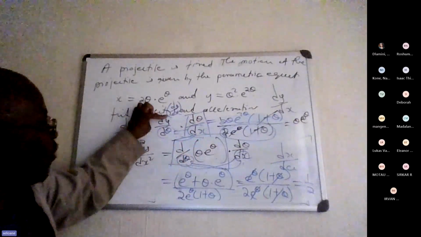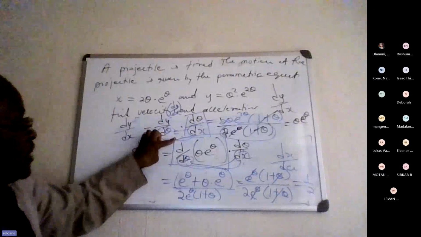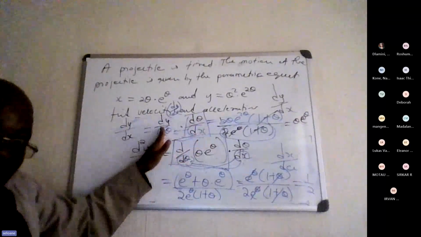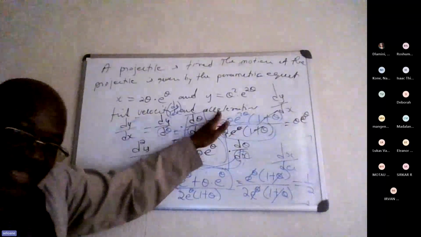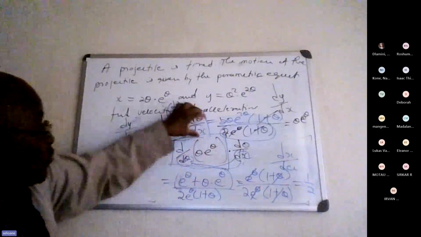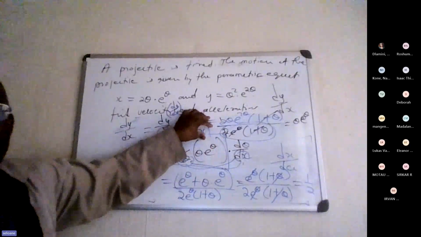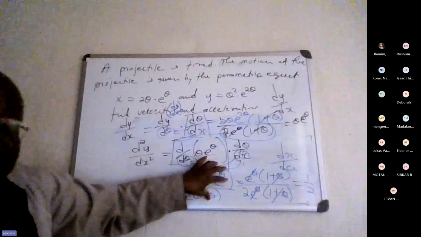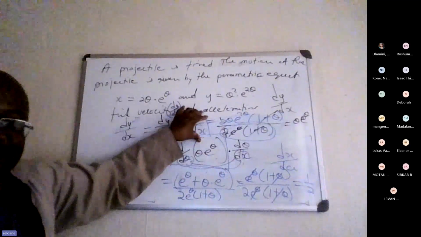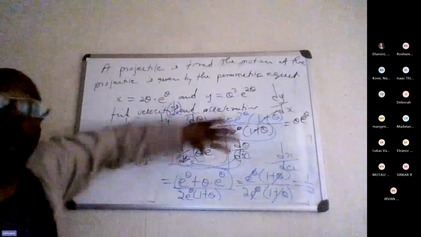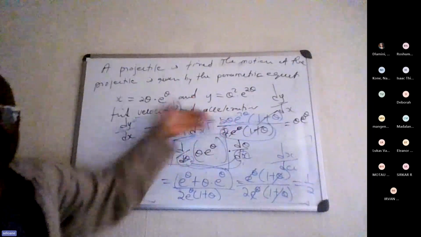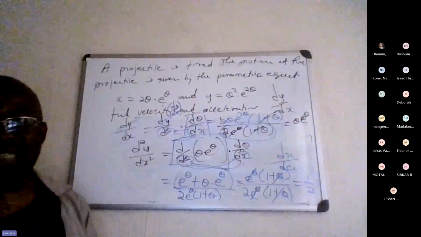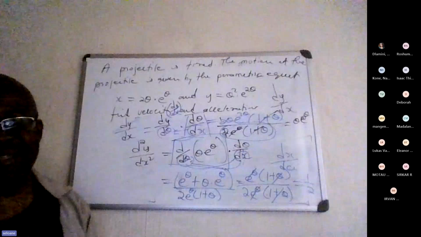Instead of dy/dx, it will now be dy/dθ, and here it will now be dθ/dx. But don't forget the second factor. This one we have, you can simply copy and paste it here. But for the second factor, you copy its reciprocal. Then from there, everything should just unfold nicely.